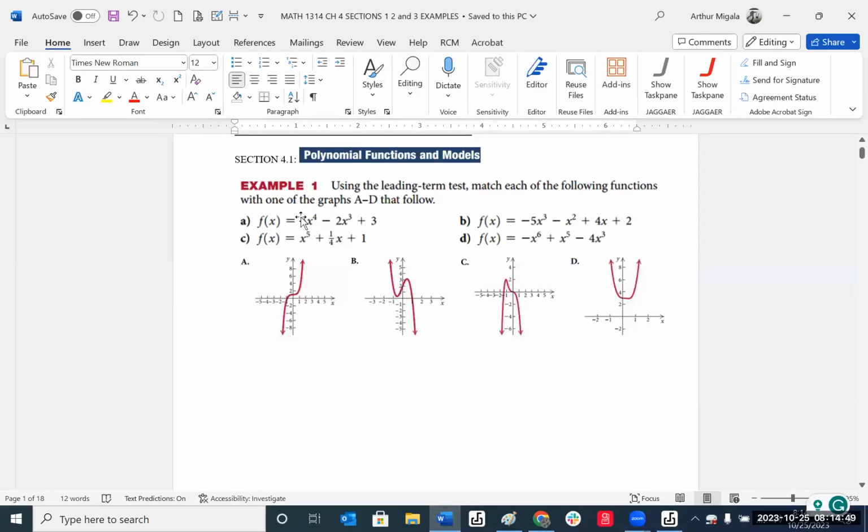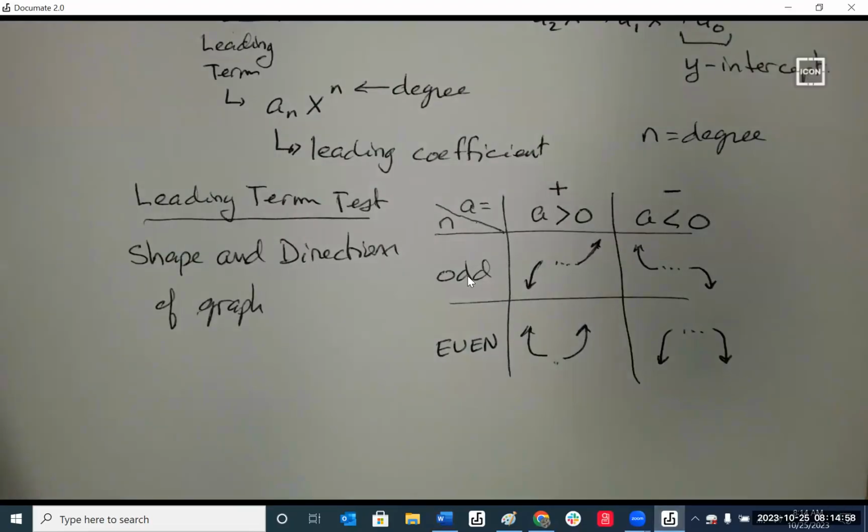So look at the A, but then we look at the N. If N is even, that means both ends point the same direction. If A is positive, they point up. If A is negative, they point down. And if the degree is odd, then they point different directions, and the right-hand side tells you what direction it points.